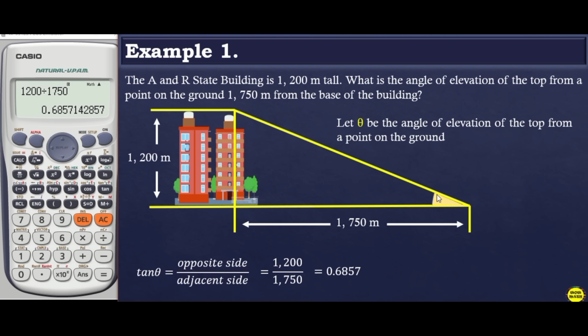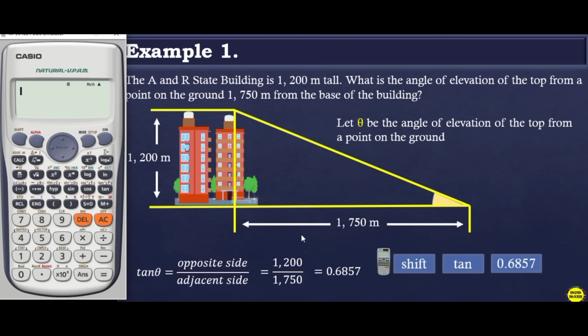Now, since ito pong angle ang hinahanap natin, yung angle of elevation, so ano pong gagawin natin? Kukunin po natin ngayon yung tangent inverse of 0.6857. So, paano po natin siya gagawin? So, since angle ang hinahanap, tangent theta is equal to 0.6857.